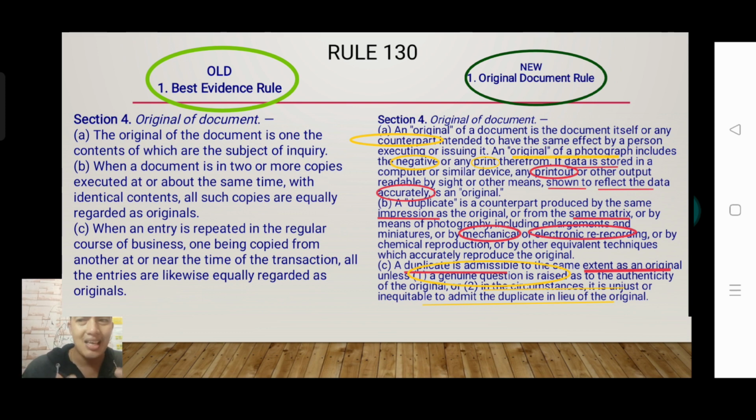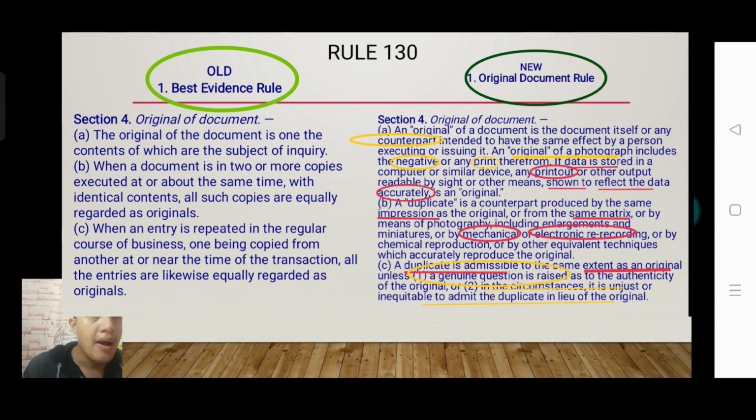We can call it somewhat like secondary evidence, but the secondary evidence in the preceding section does not refer to this paragraph B. However, as long as you can prove the existence, the execution, and the authenticity of such document in the absence of the original, then it can be acceptable as evidence in court.